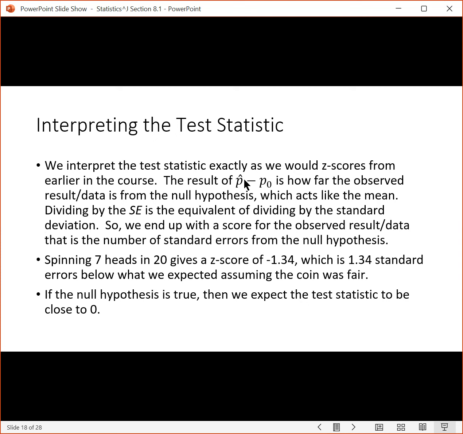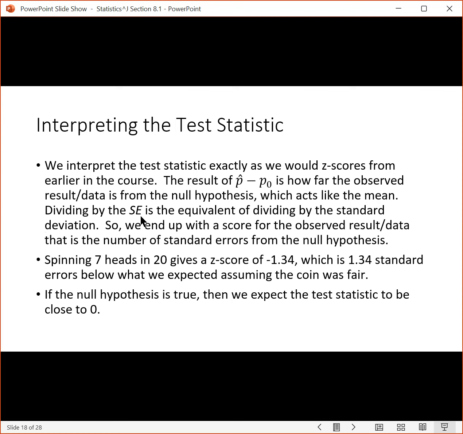We take the difference between those, and that shows how far the result of our experiment was from our expectations. That gives us a distance, but to interpret that distance, we need to divide by how much distance there is typically between experiment results.